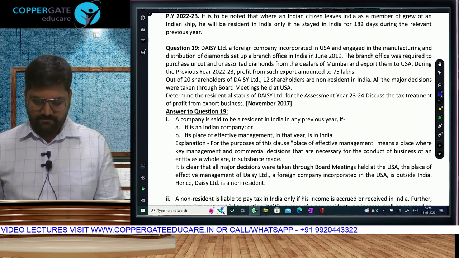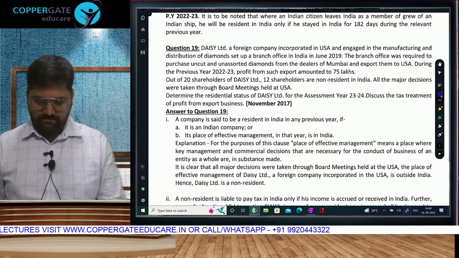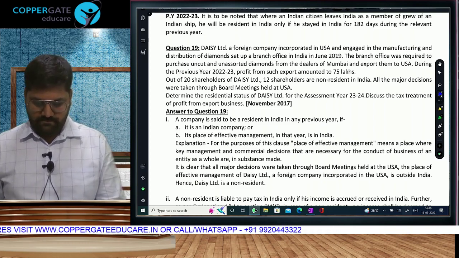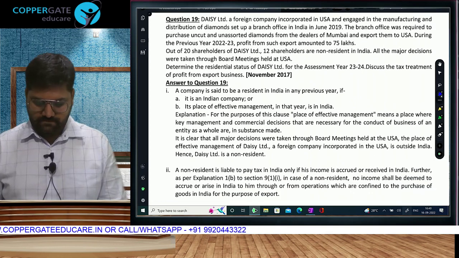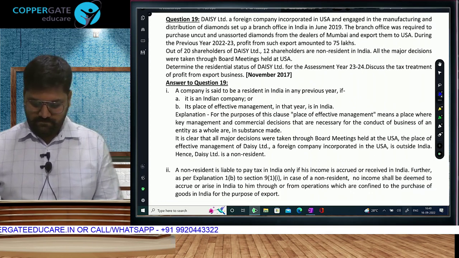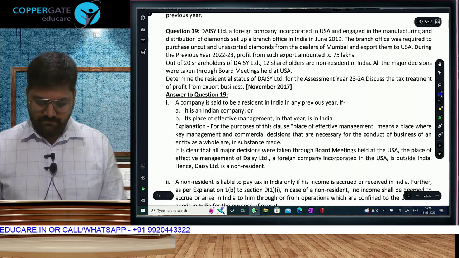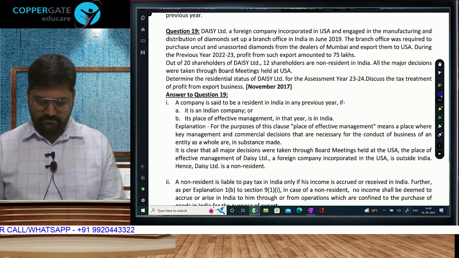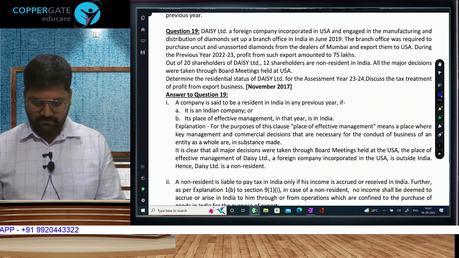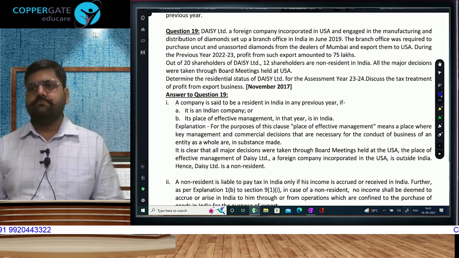During the previous year 22-23, the profit from such export amounted to 75 lakhs. Out of 20 shareholders in Daisy Limited, 12 shareholders are non-resident in India. All major decisions were taken through board meetings held at USA. Determine the residential status of Daisy Limited for assessment year 23-24 and discuss the tax treatment of profit from export business.